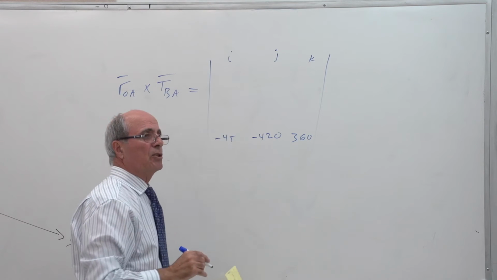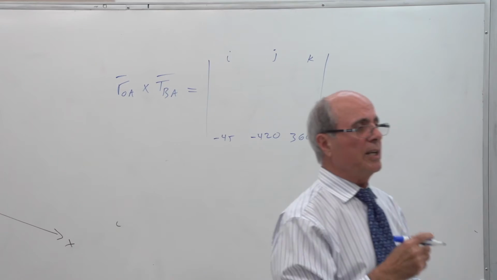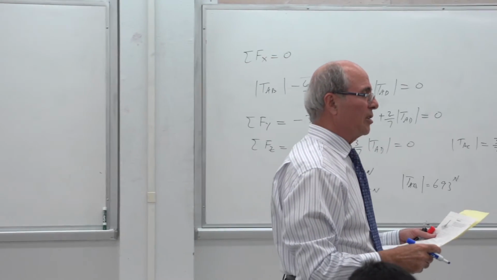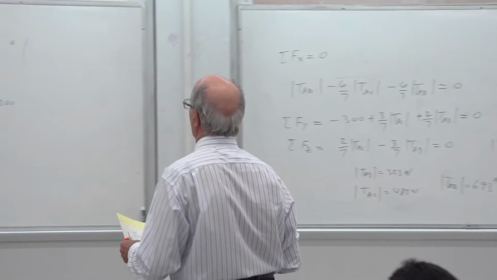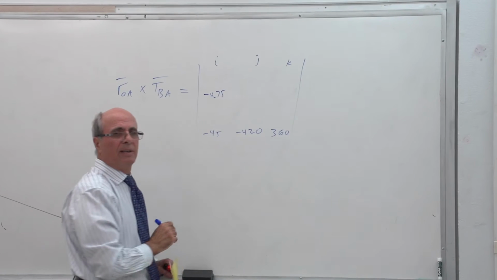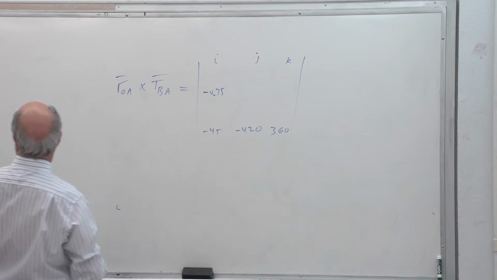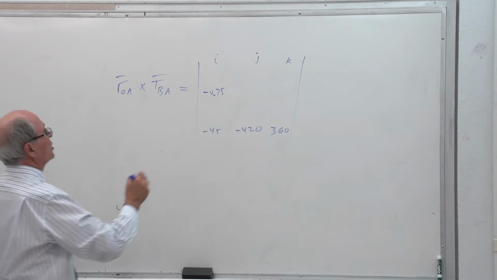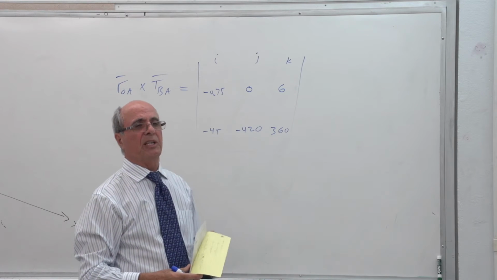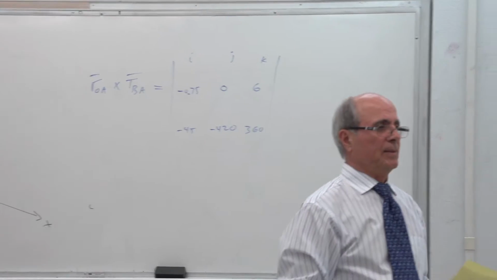But the position vector changed totally from the red to the blue one. Yes or no? What's the position vector? What's the x of that? Negative 0.5, correct? 0.75. Yes? And the y is what? 0, because we are on the horizontal plane, and the z is 6. So in other words, do this expansion. What do you get? You will be surprised.